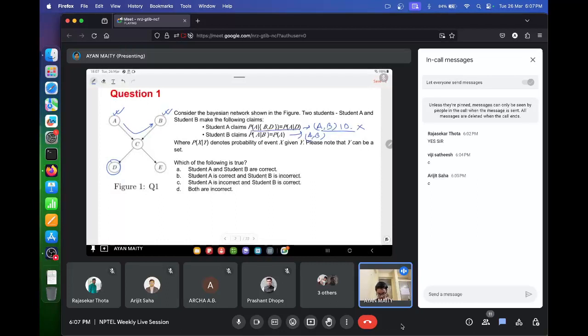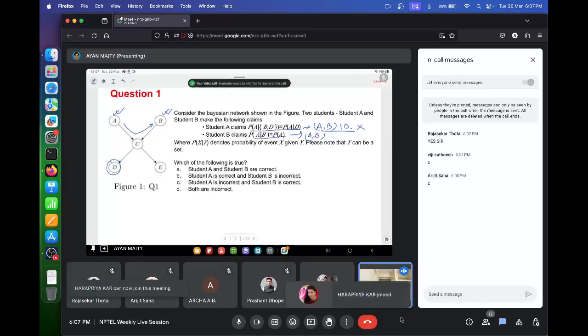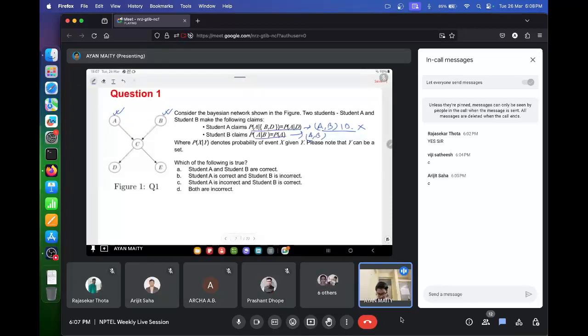And the second claim is probability of A given B equals probability of A. That means A and B are independent without any evidence, without any observed variable. So in this case, nothing is given. You have to find out the independence of A and B. If C or any of its descendants are not given, in that case this path is blocked.